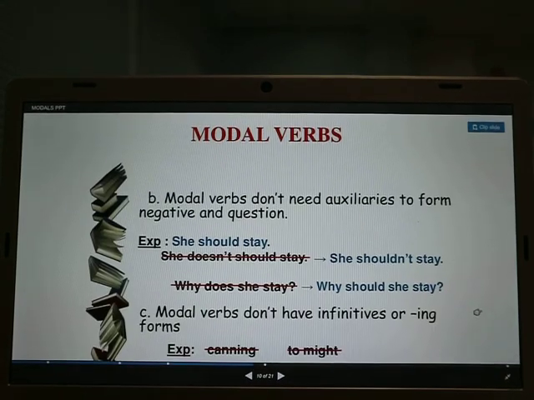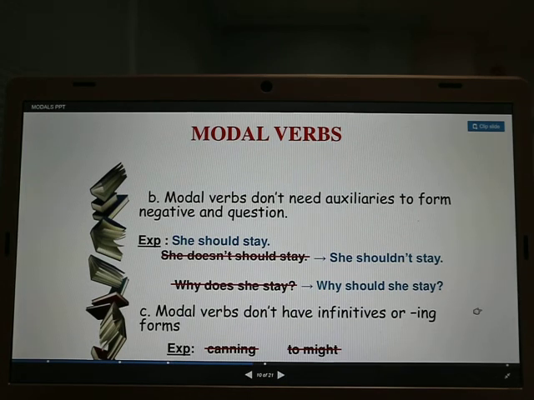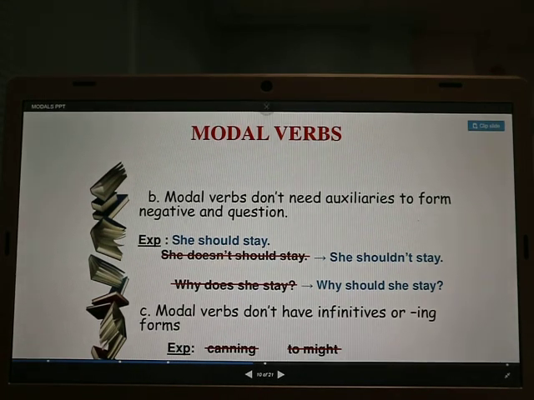Modal verbs don't need auxiliaries to form negatives and questions. For example, she should stay. Okay? Not she doesn't should stay. So this one doesn't need doesn't to form the sentence. It only needs shouldn't stay. Why should she stay?